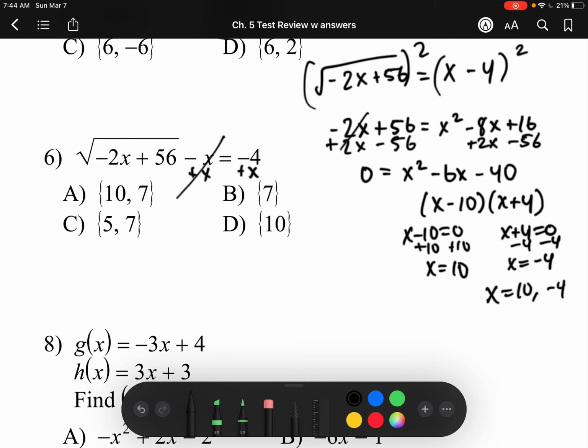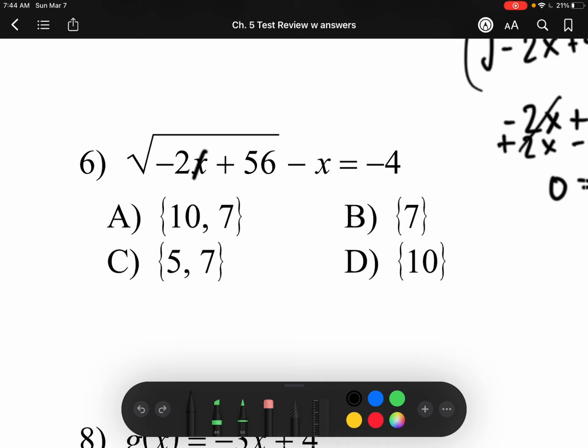So we're going to check for extraneous solutions, right? So first, let's check on number 10. So we're going to plug in 10 into this function. So this becomes 10, and this becomes 10, right? So this is the square root of negative 2 times 10 plus 56. Negative 2 times 10 is negative 20.